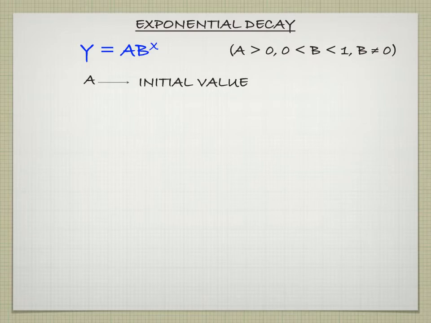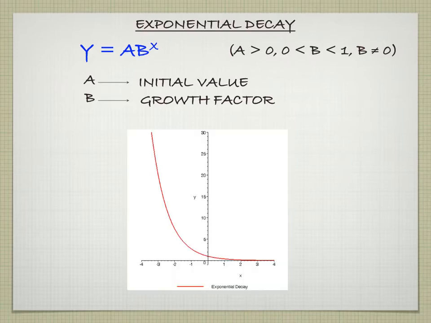A is your initial value, b is your growth factor, and notice it's still called a growth factor even though you're getting smaller. Don't let that confuse you. And then there's your graph that still has the asymptote at the x-axis. So you still have that imaginary line that your graph is never going to cross. Y-intercept at 0, a. That was on the previous slide as well.